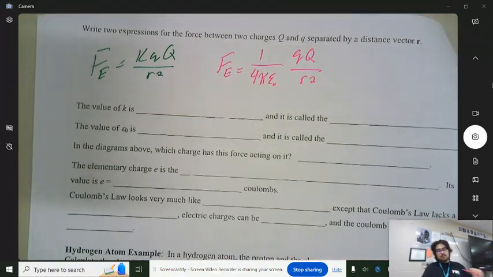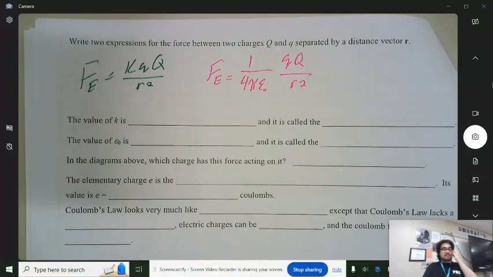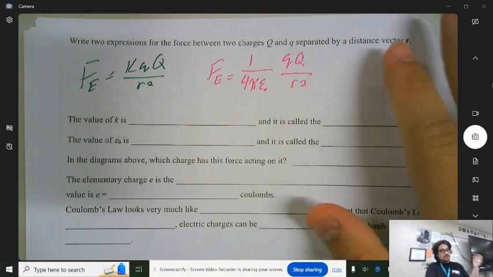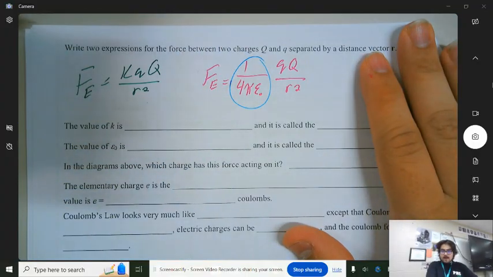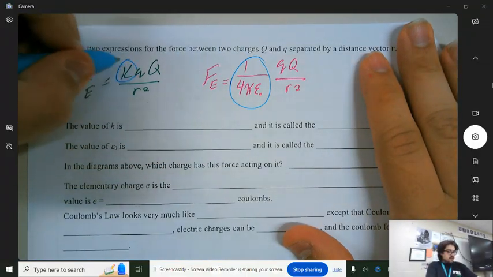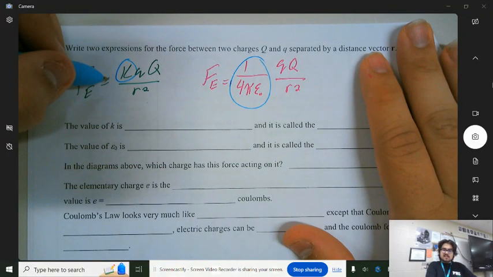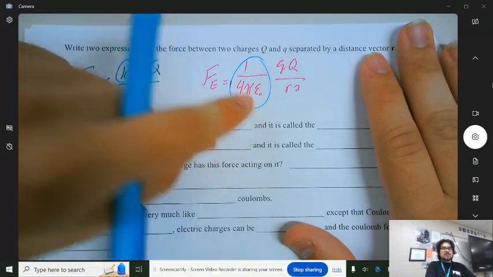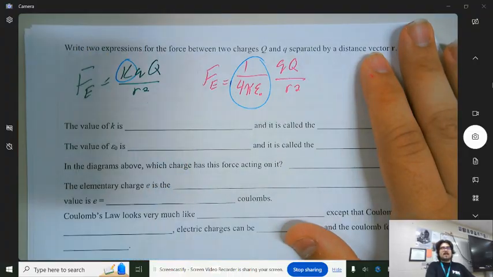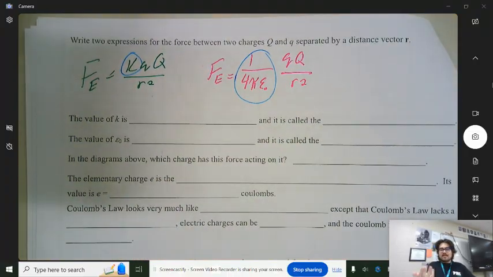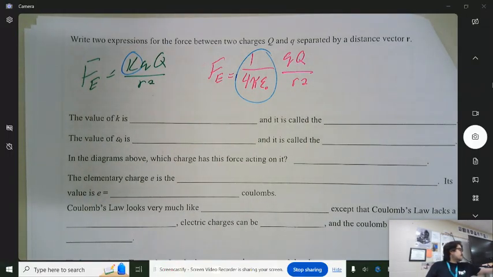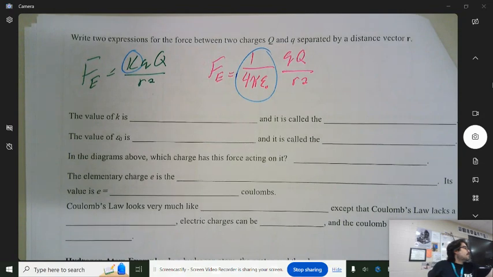Now, that is a little bit of a confusing way, but these are actually the same thing because, believe it or not, this expression right here, 1 over 4 pi epsilon naught, is actually just K. K is a constant, and epsilon naught is also a constant. So you can either do 1 over 4 pi epsilon naught, that's fine, if you want to memorize that instead, but you have to memorize what epsilon naught is. I think K is easier to memorize though because it has a much nicer value.